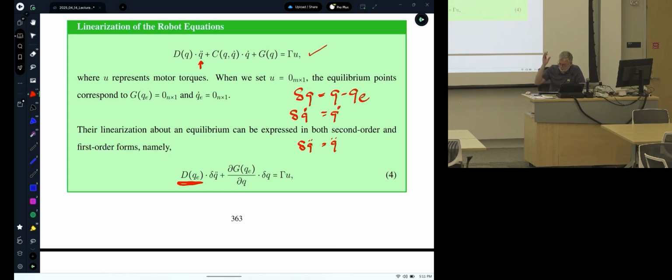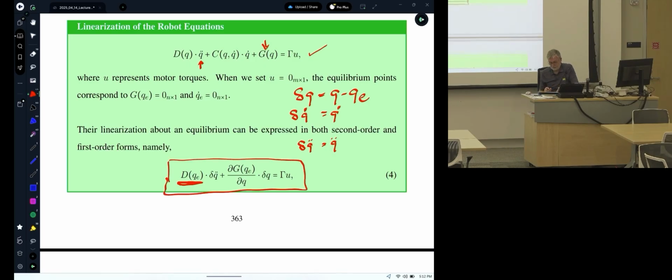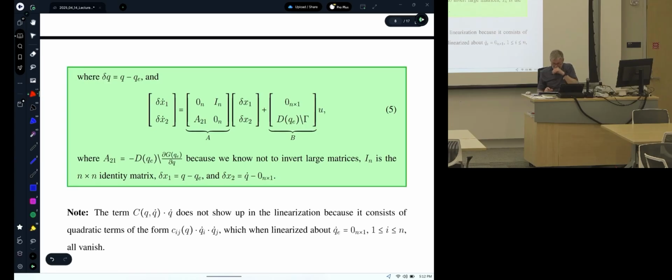Mass inertia matrix at a point, you have to calculate one Jacobian. It's of the gravitational terms, and that's it. So there's the linearized model in second order form. And then you just define x1 equals delta Q, x2 equals delta Q dot.